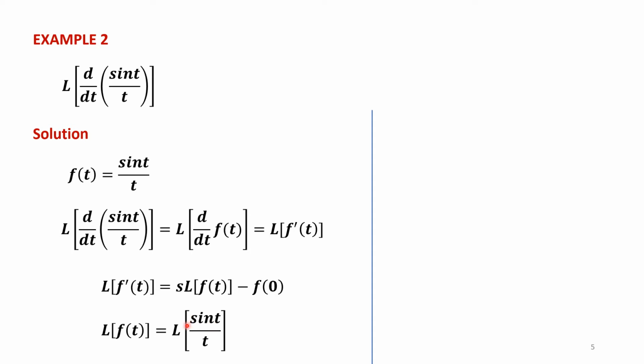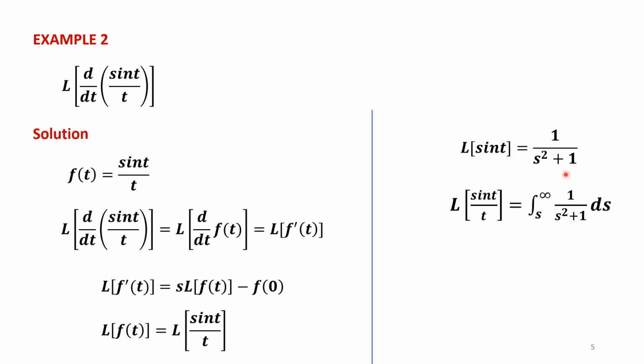First we calculate L of sin t, and whatever answer we get has to be integrated between the limits s and infinity. We know L of sin t is 1 upon s square plus 1.